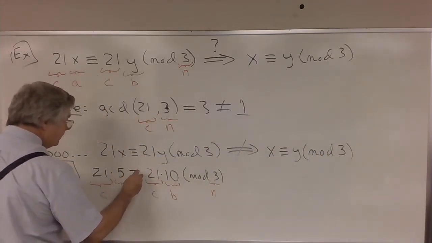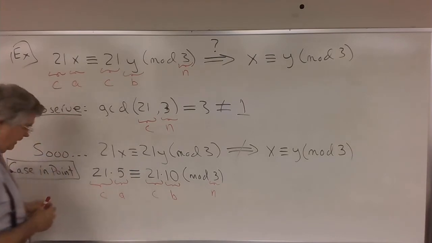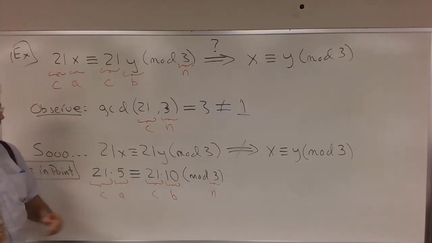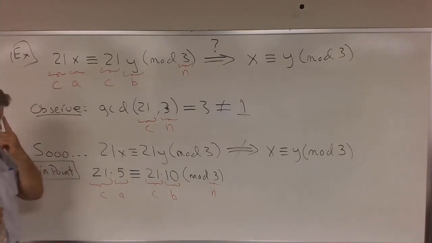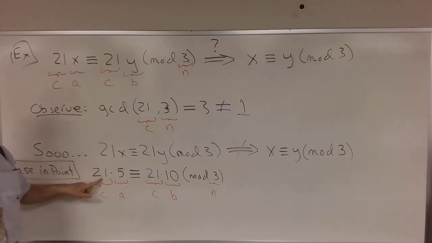These are actually congruent. Change that to congruent. They have to be because 21 is a multiple of 3. In other words, 3 is a divisor of 21. So 21 is congruent to 0 mod 3.